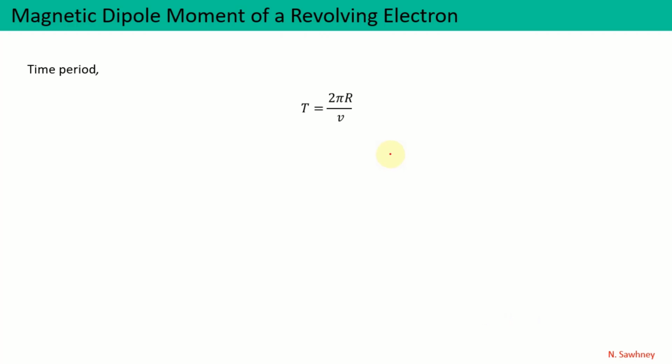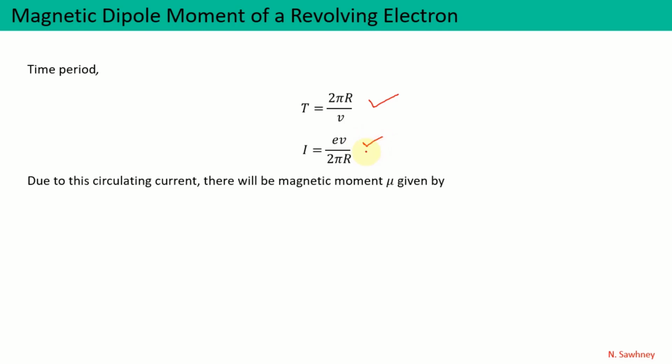Now the time period can be written as distance travelled upon velocity. The distance travelled in circular motion by the electron is the circumference of the circle, which is equal to 2 pi r. So, by substituting the time period expression in the current equation, we get I = ev upon 2 pi r.